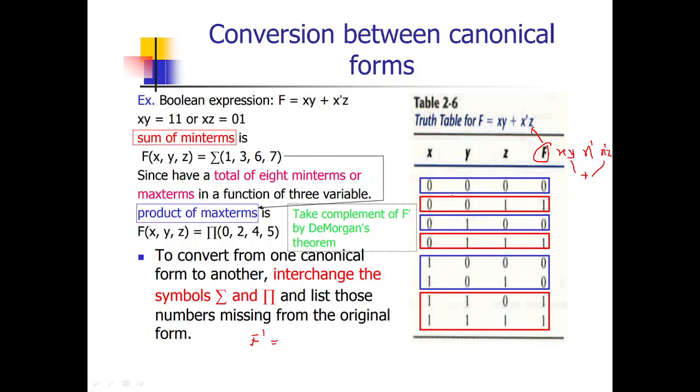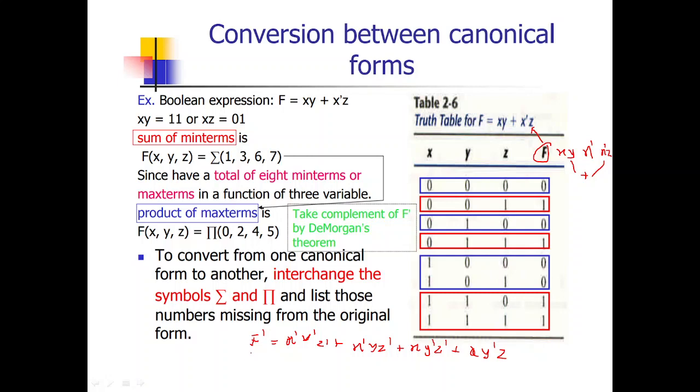So x dash y dash z dash plus, and the next 0 is this one, that is x dash y z dash, and the next one is x y dash z dash, and the next one is x y dash z, right? So this is f dash.